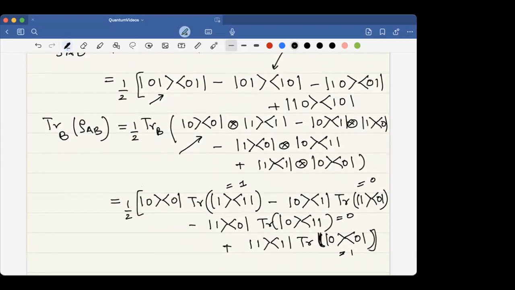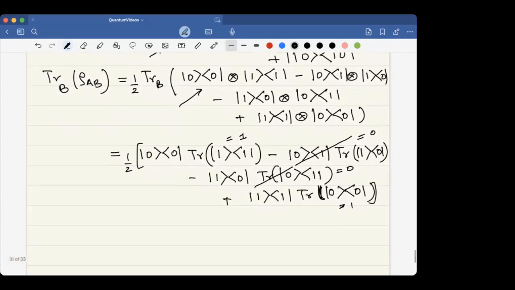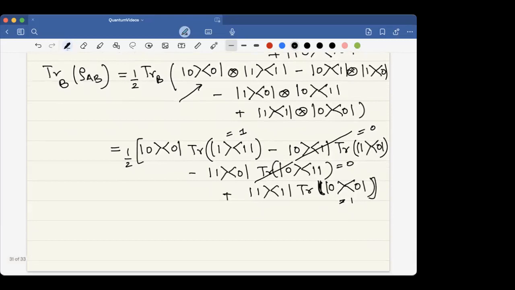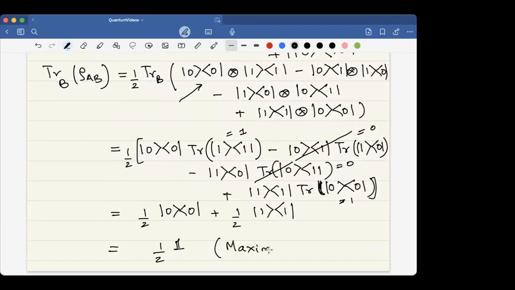Anyway, the point is that I can cancel out these two terms because the trace is 0 for both. So this gets half ket 0 bra 0 plus half ket 1 bra 1. And this is a density matrix. So I can write this as identity over 2. This is actually called the maximally mixed state.